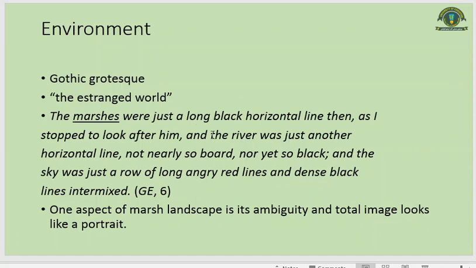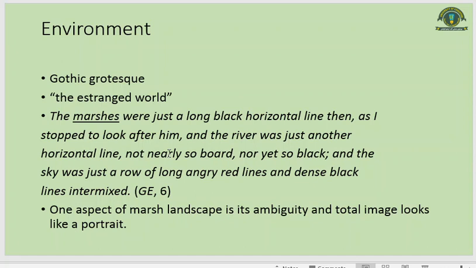From this statement again you can see how Pip, or Charles Dickens, is mixing different situations and phenomena, making us feel this is a portrait on some type of canvas, where he is giving different colors, different lines and rows to the sea, the river, the marshy areas, and the sky as well.